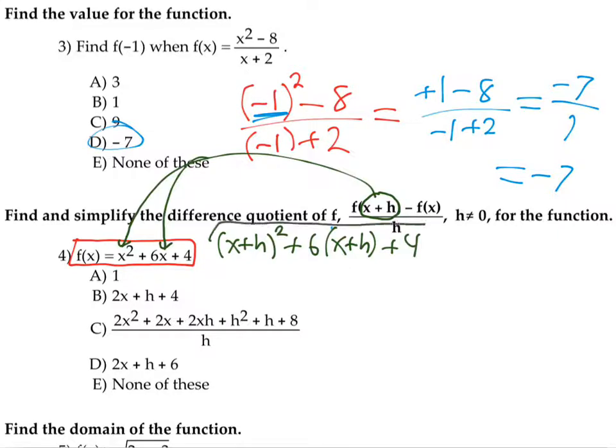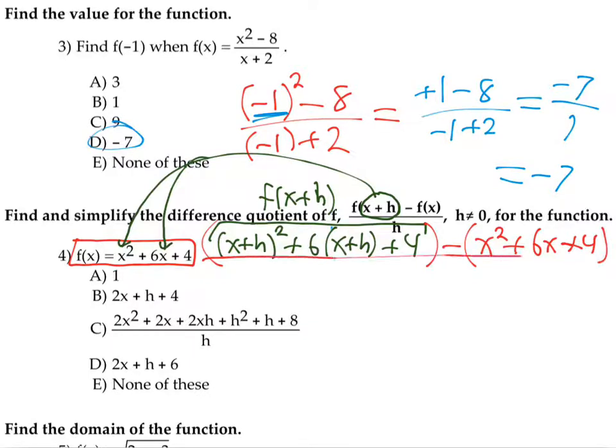All of that is f of x plus h, minus, so all of that, minus f of x, which is x squared plus 6x plus 4, all entirely over h.